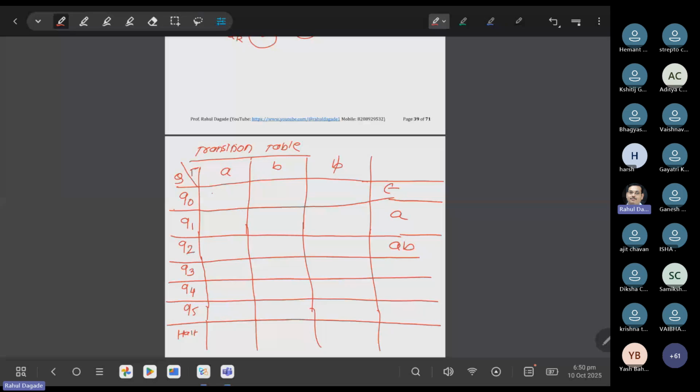Q4 state, what is it doing for B? Converting it into A and coming into Q5 state. Q5 will not get A, it will not get blank.